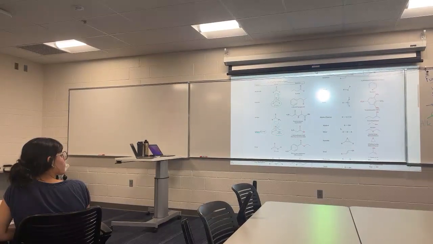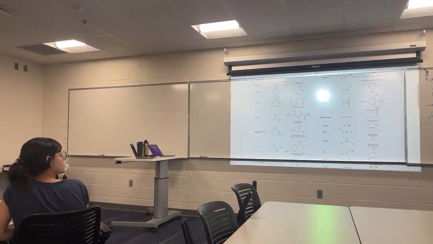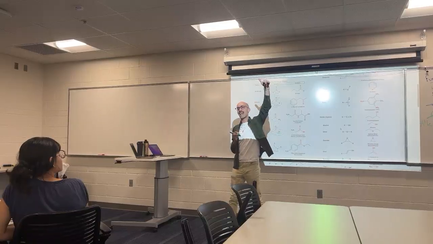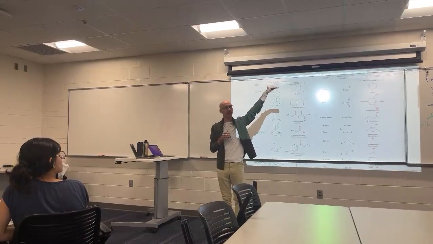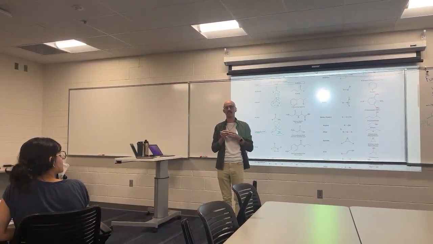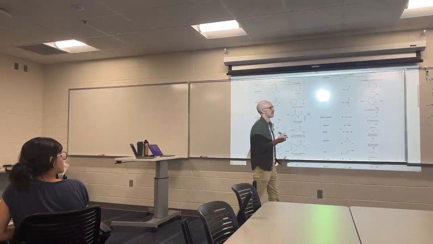Alcohols don't have resonance in the conjugate base. Carboxylic acids do. That changes their acidity by about 10 orders of magnitude, 10 to the 10. That resonance makes carboxylic acids 10 billion times more acidic than alcohols. Cool?